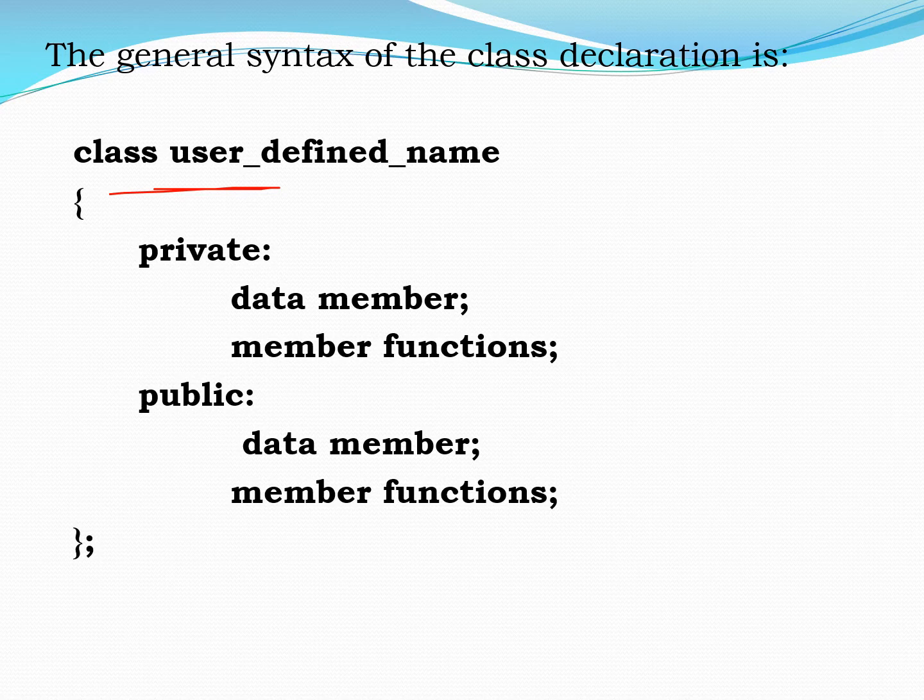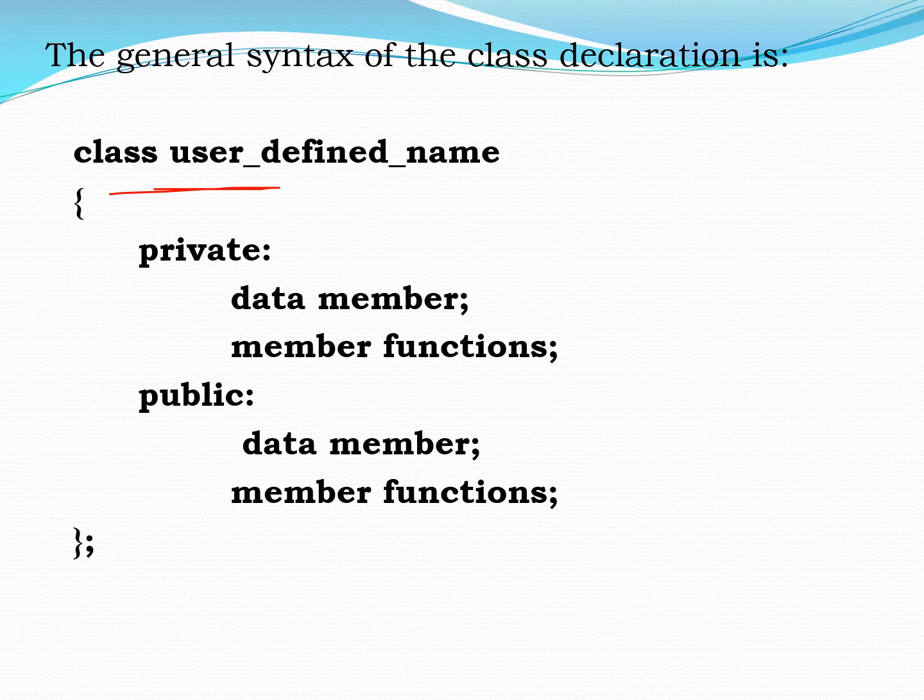All classes start with an opening curly brace, which indicates the start of the class. How do we identify the closing of a class? The closing brace followed by a semicolon identifies the end of a class.